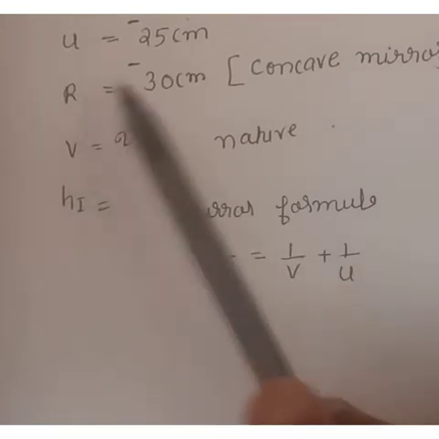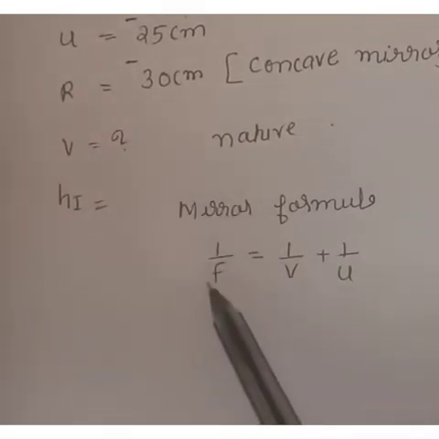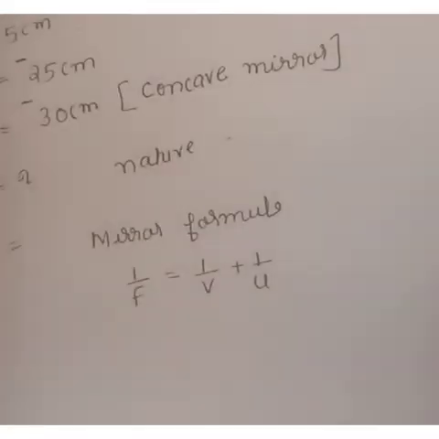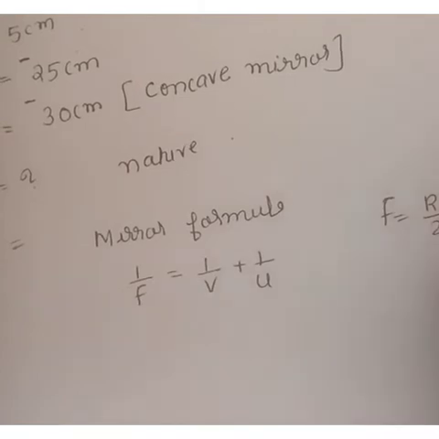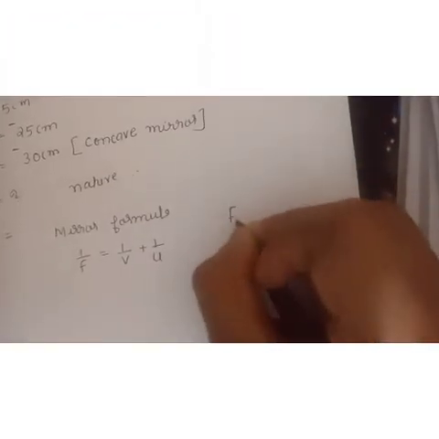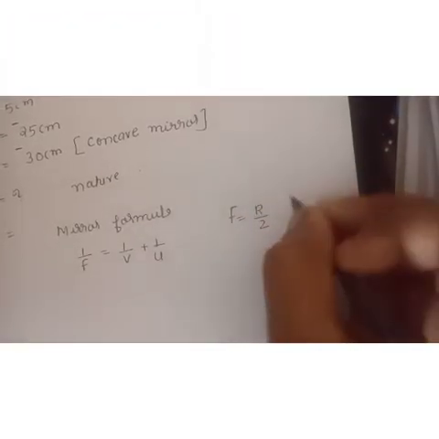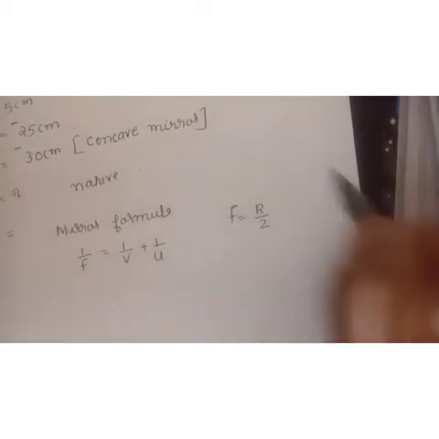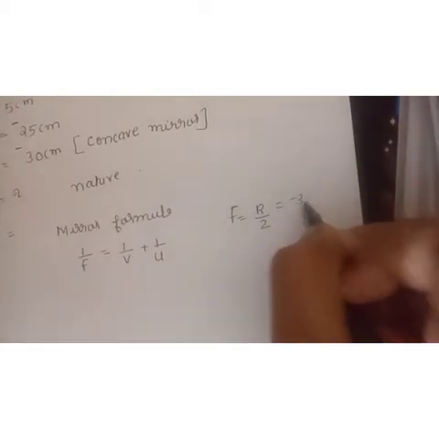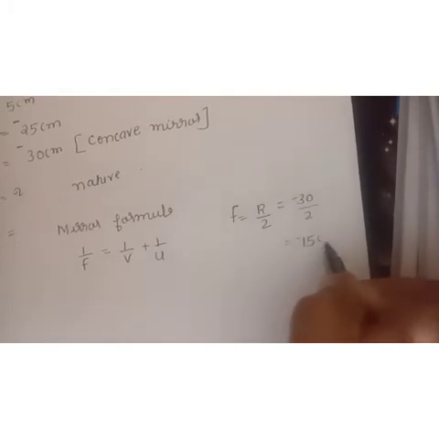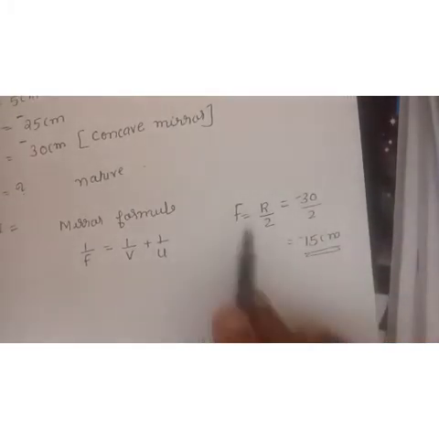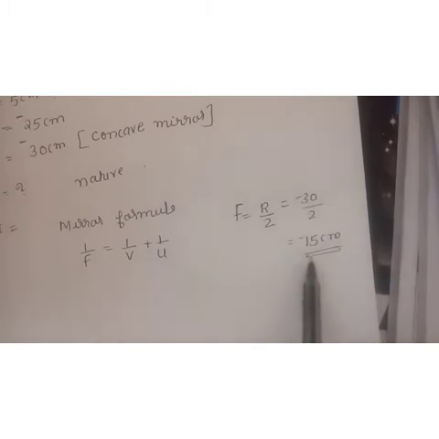So how can you find the focal length? You know that focal length f is equal to r by 2. R is equal to minus 30, divided by 2, which is minus 15 centimeter. So the focal length of the concave mirror is minus 15 centimeter.